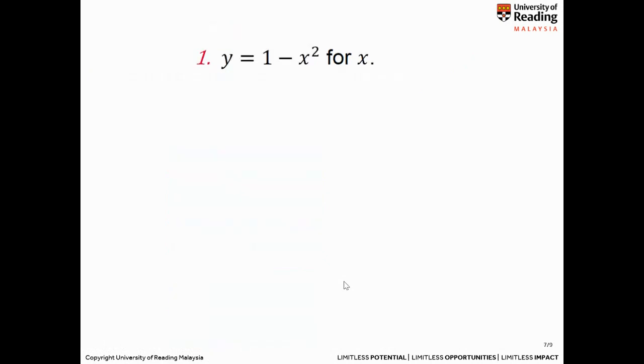So try this question. Remember the guideline when you have a square or square root. So please work this one out to get x in terms of y. Remember when you take square root, there is a plus or minus answer. So let's stop for a while while you are solving this. Now check your answer. Do you get plus or minus square root 1 minus y?